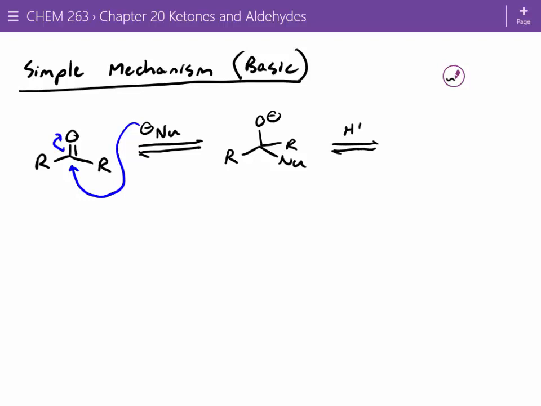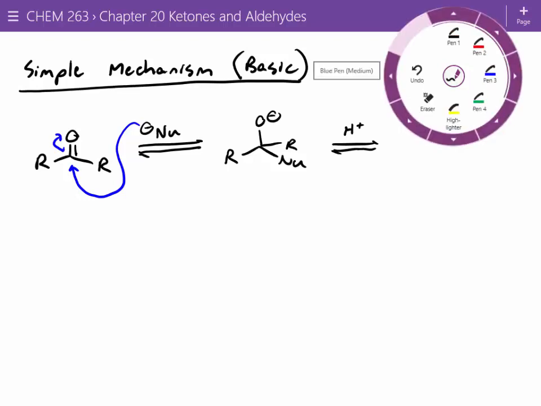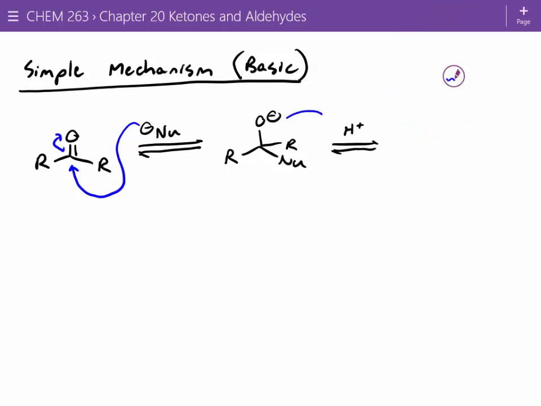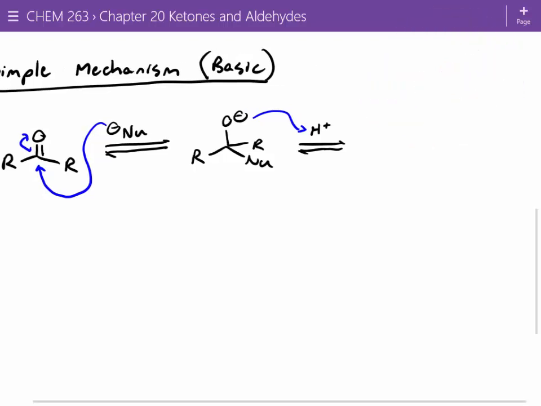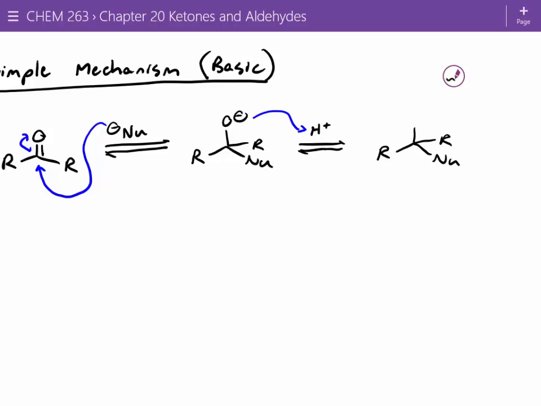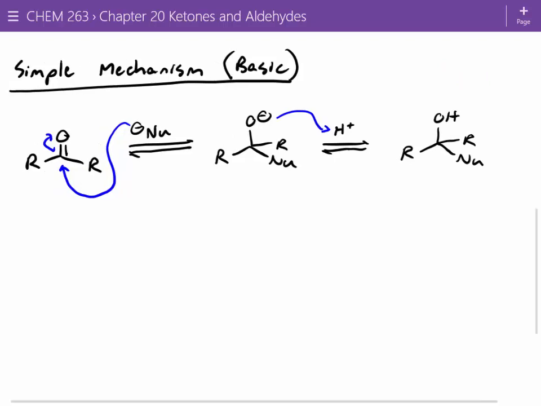So I'll just call this H+, where you can protonate your alcohol and you can form your alcohol.